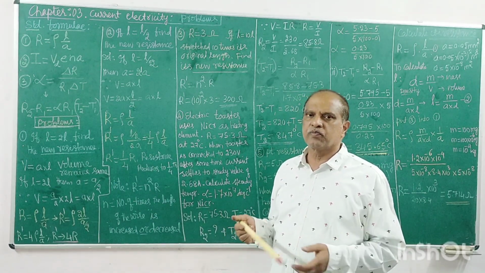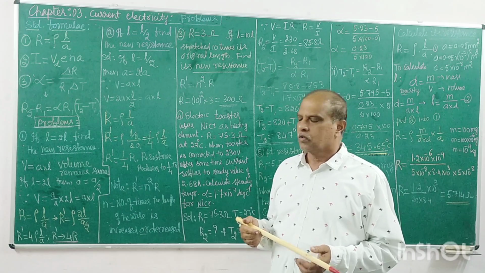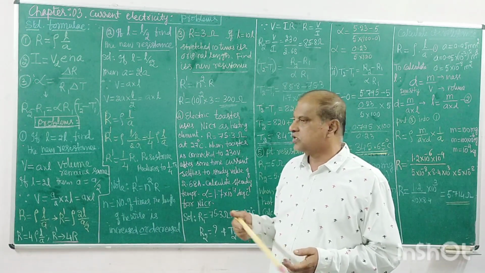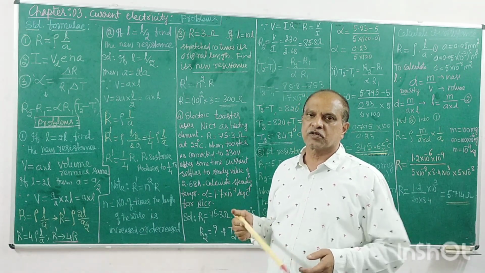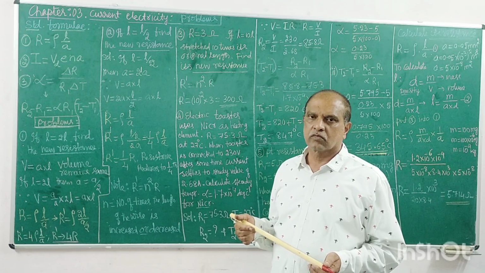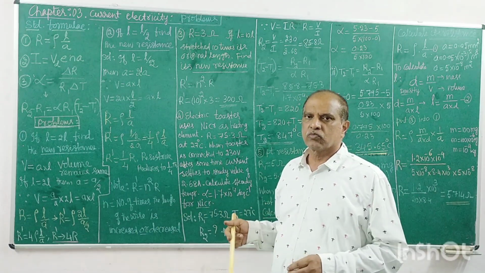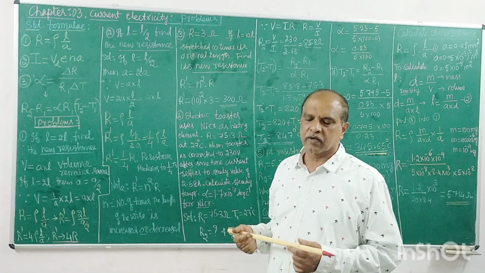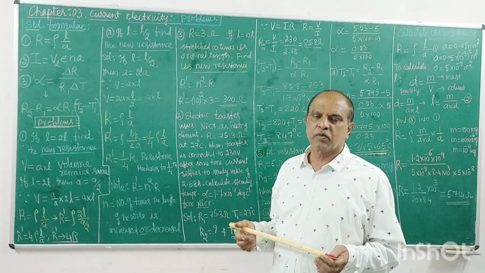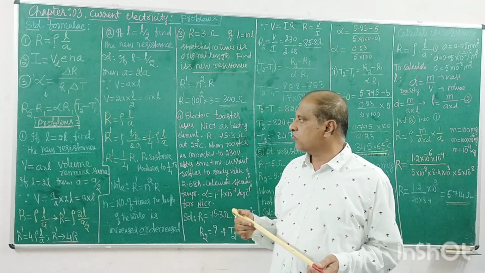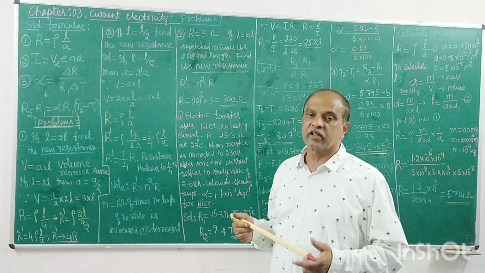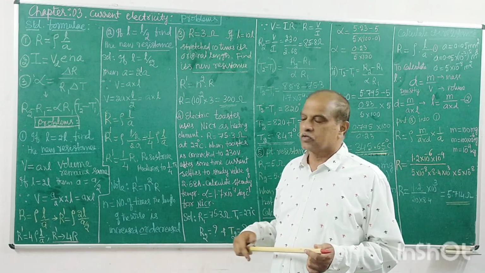The change in shape appears in the form of variation of its length and area of cross section. If we change the shape either by stretching or compressing, the change will appear in the form of variation of its length and area of cross section. So that is the one.